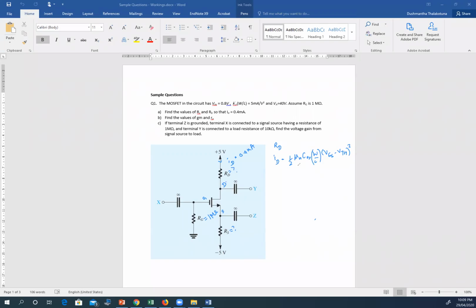Now in this case, mu n Cox is Kn. So you know ID is 0.4 milliamps, it's given in the question. Half Kn W over L is 5 milliamps over volt squared.